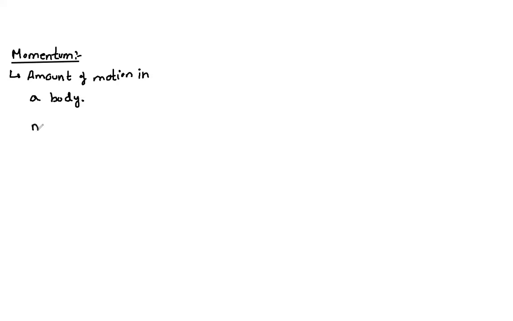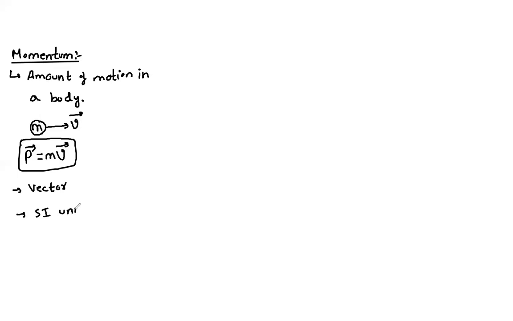So if you have a body of mass m moving with a velocity v, the momentum is represented by p, which is the product of mass and velocity of the body. It's a vector quantity. Its SI unit is kg meter per second.